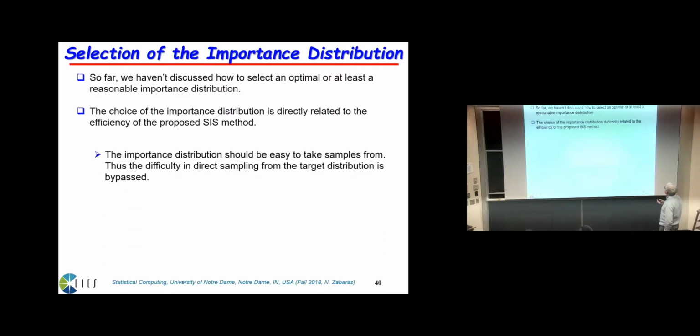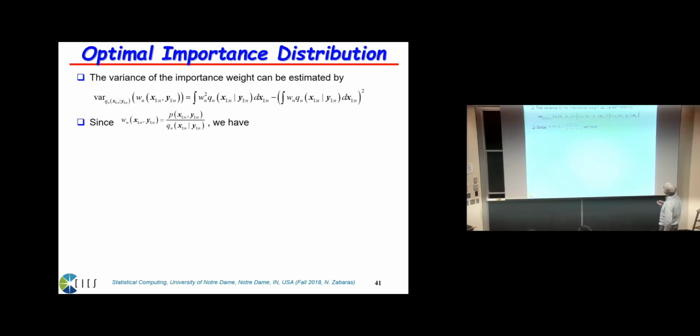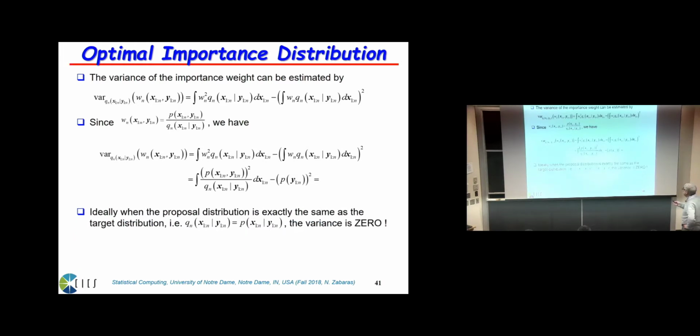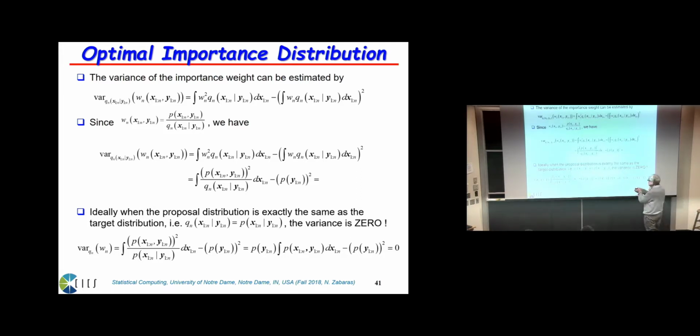So what do we use as importance distribution? This is what I want to tell you today. Obviously, we're going to have to minimize the variance of the weights or come close to it. And I'm not going to do the derivation here. It's actually straightforward. If you want to minimize the variance of the weights, you have to take the exact posterior, which is not tractable.